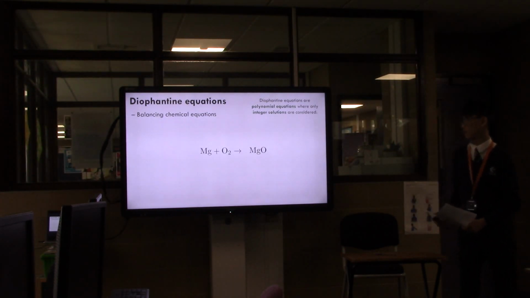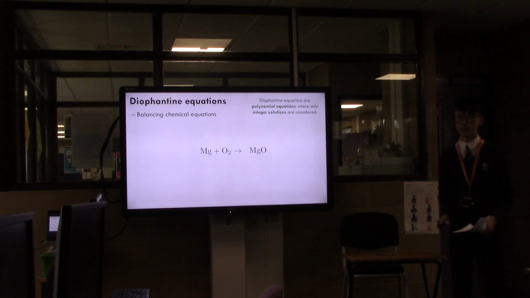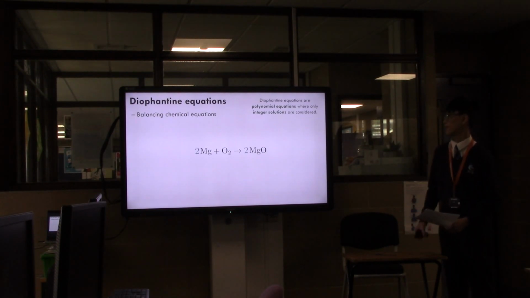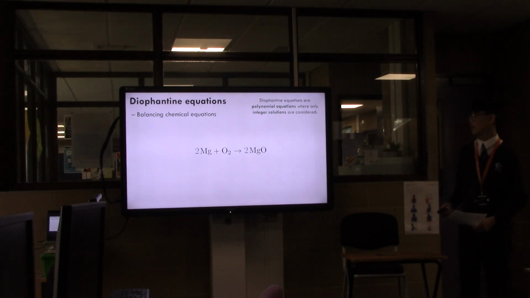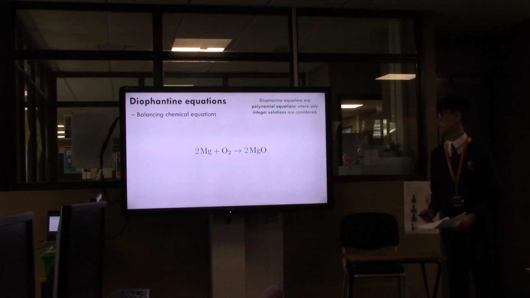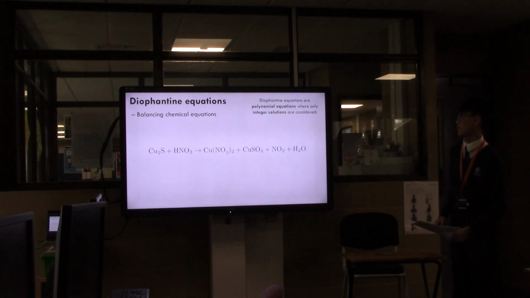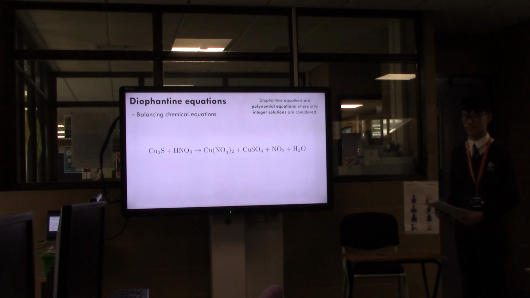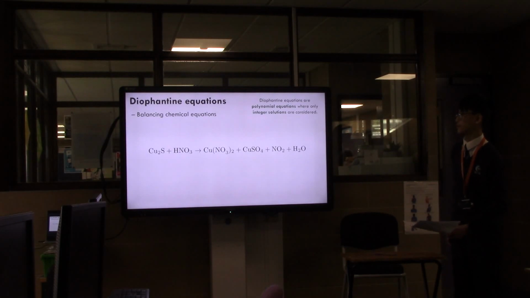This is a basic example that you've probably all seen before when you've done GCSE chemistry. You can balance that quite easily by inspection. But if you look at chemical equations like this, you can see how it's much harder, and that's where these Diophantine equations can come in useful.